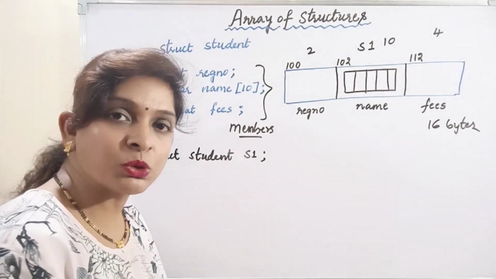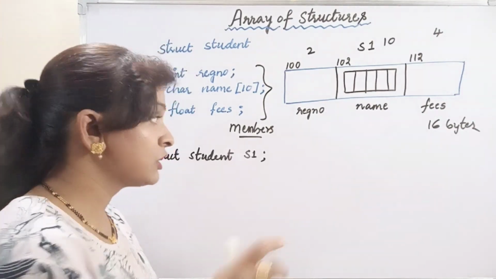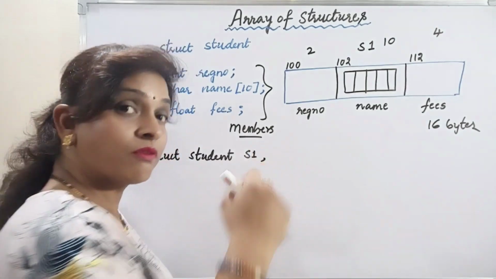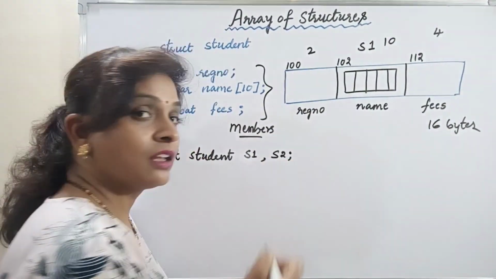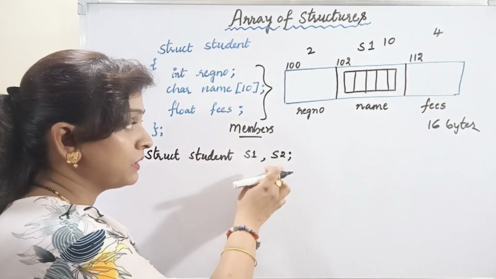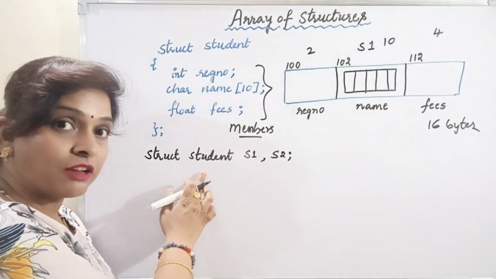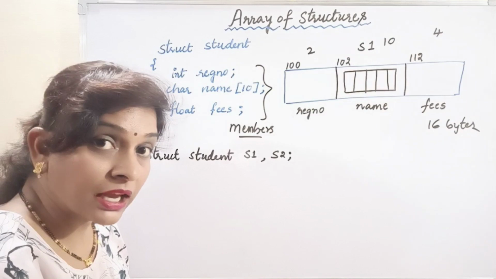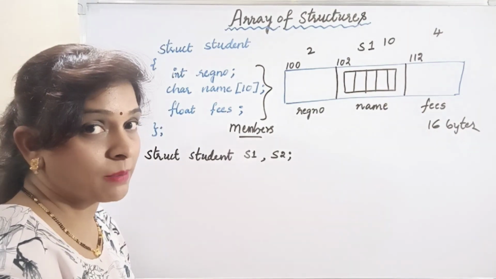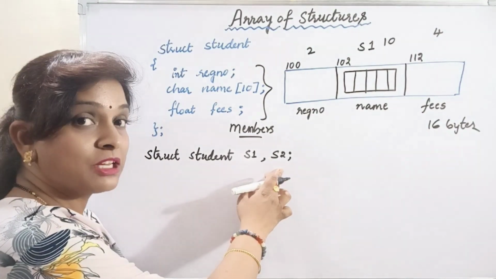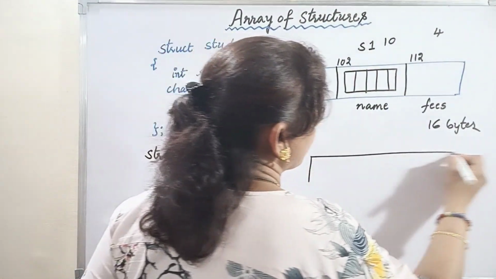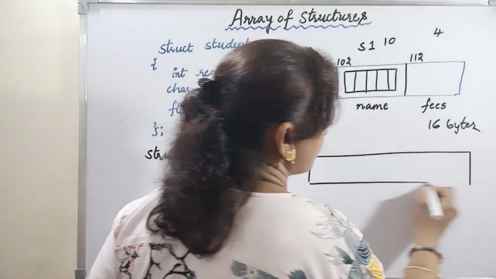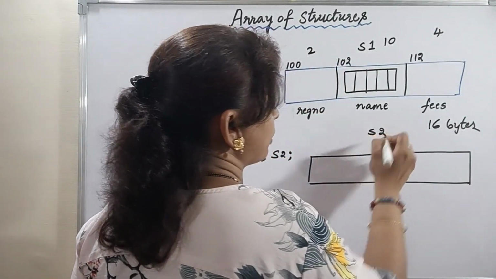Now if I want to store the details of one more student, then I need to have one more variable, say S2. When I create a variable S2 of this user defined type student, once again I get the memory. As soon as the compiler encounters this structure variable declaration, it is going to allocate the memory for S2 also.